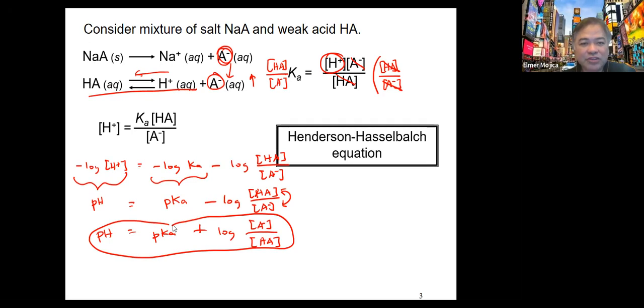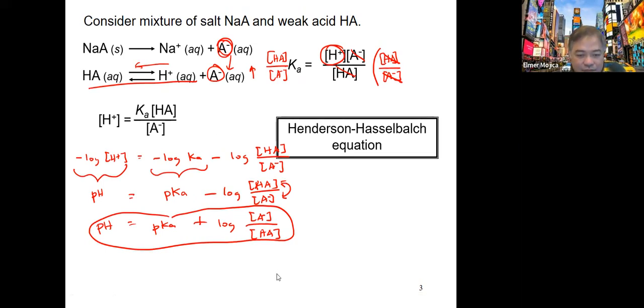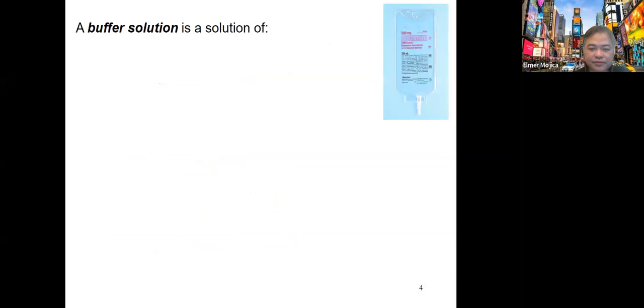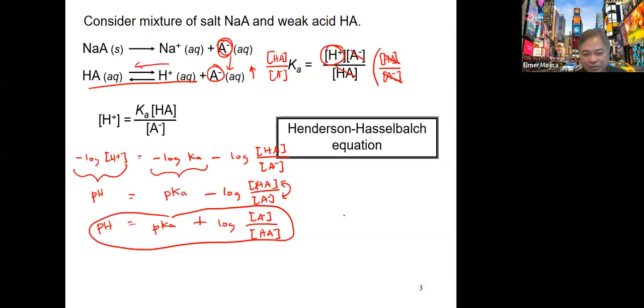One of the most useful equations. And if you look at the Henderson-Hasselbalch equation, you will see here that this A minus is the conjugate base of HA.